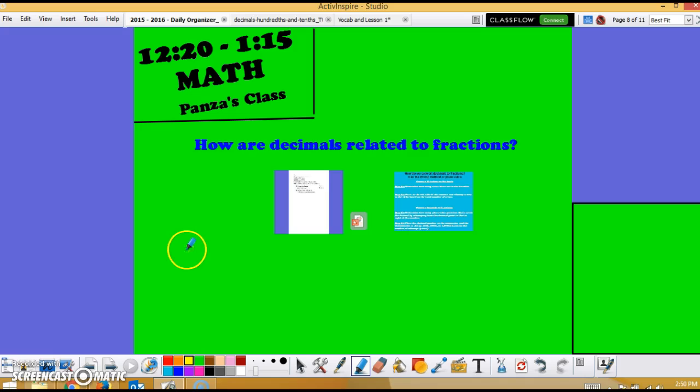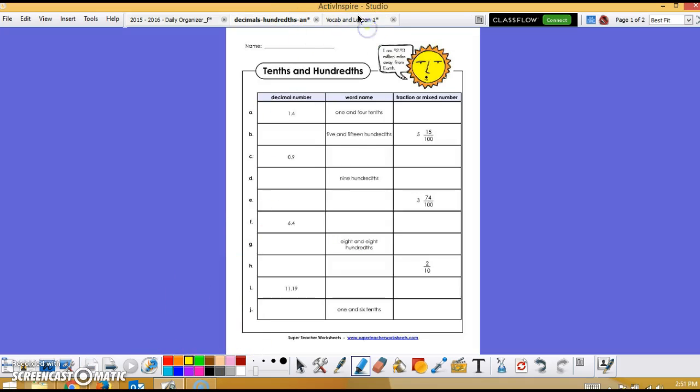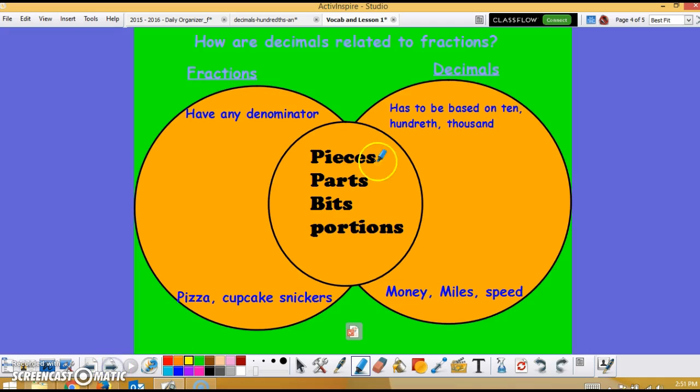Perhaps the more important thing to realize is the fact that there is a lot that decimals and fractions have in common. Let's take a look at a Venn diagram together. This Venn diagram shows the differences between fractions and decimals. For example, fractions can have any denominator. In my example, 1 over 12, 12 can be the denominator. Or 6 over 5.